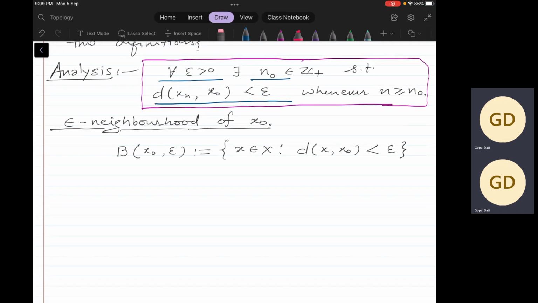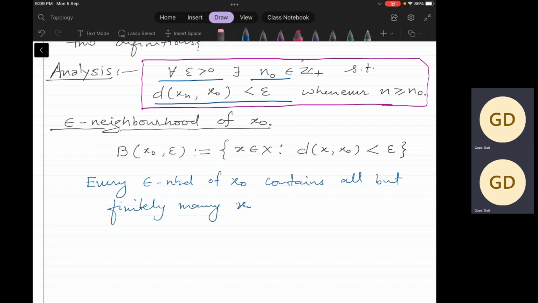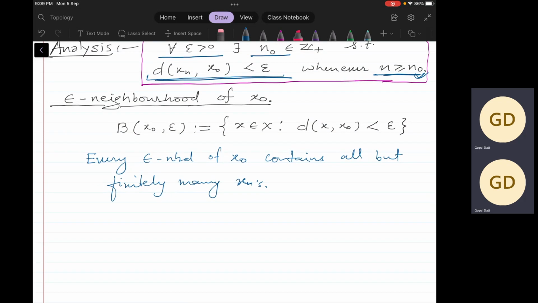This means every epsilon neighborhood of x naught contains all but finitely many xn's. You see here, after a certain stage, after these n naught terms, all terms are in this epsilon neighborhood of x naught. So in this way we can define a convergent sequence where we will not use the term metric.